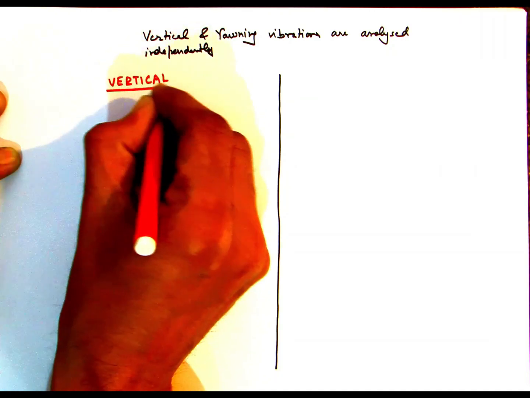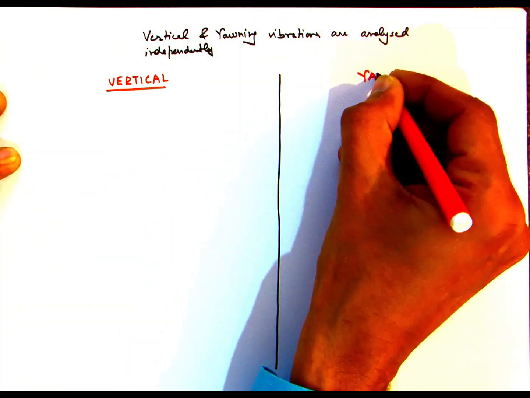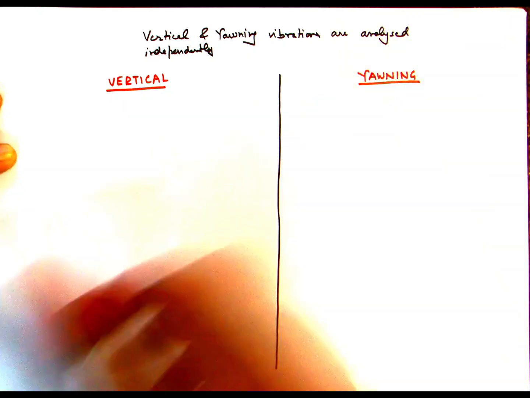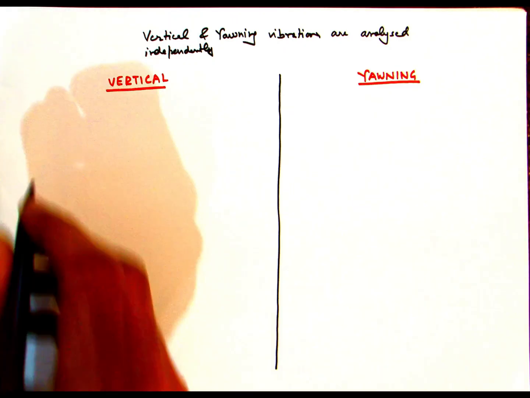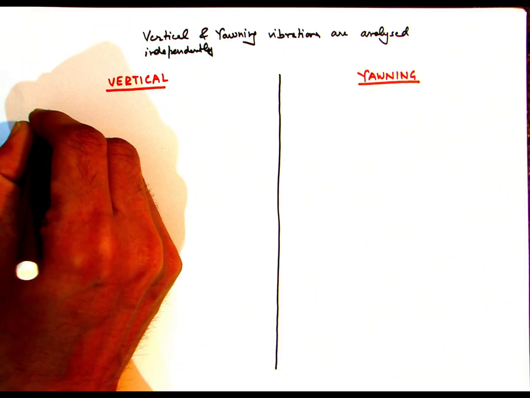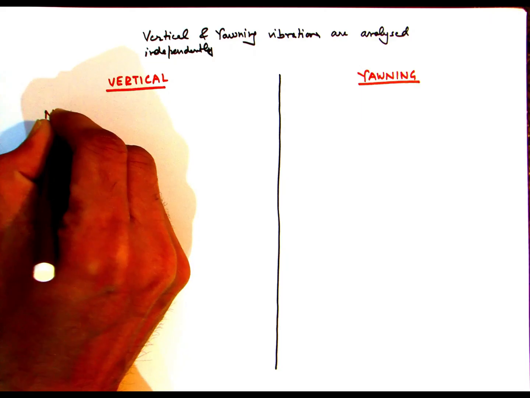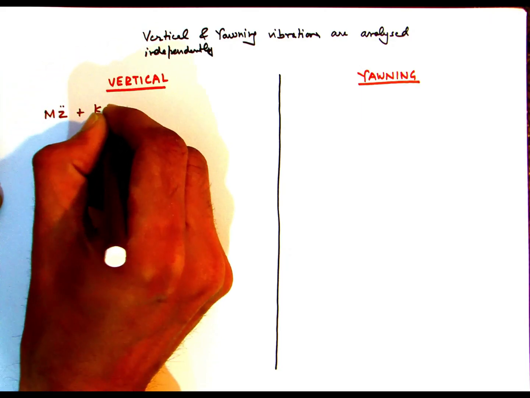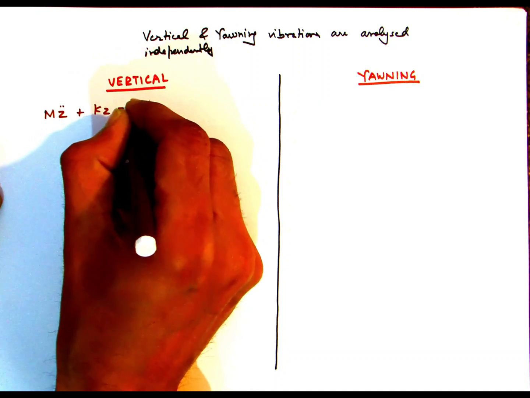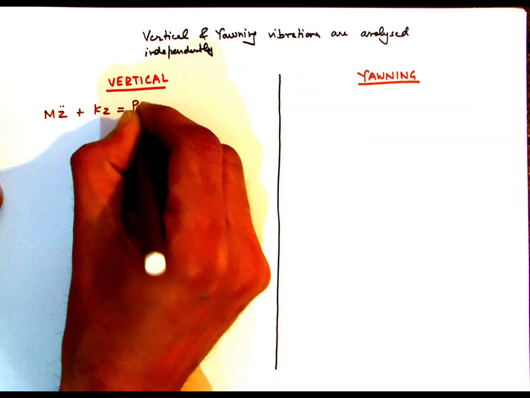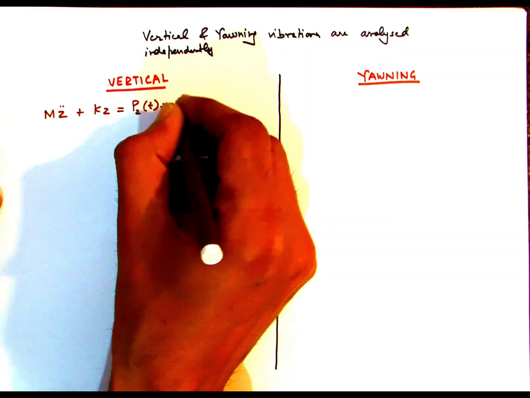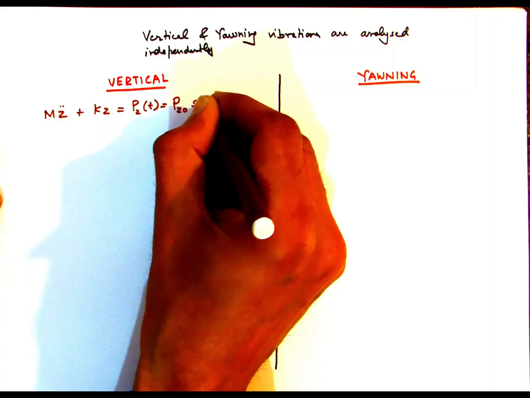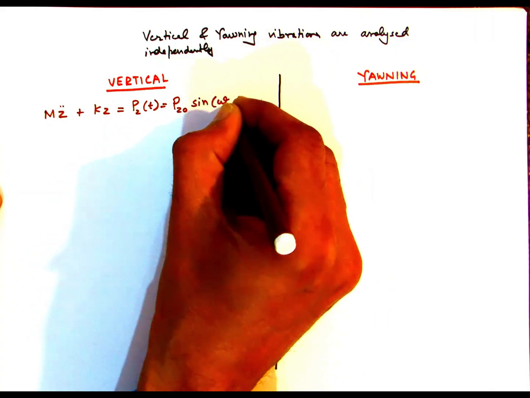Let us see the computational procedure for analyzing the vibrations of the block for vertical vibrations and yawing. Now, as far as the vertical vibrations are concerned, the equation of motion is m z double dot plus k z equal to the acting force P_z(t) in the z direction, which is P_z0, the amplitude, multiplied by sine omega_m t.